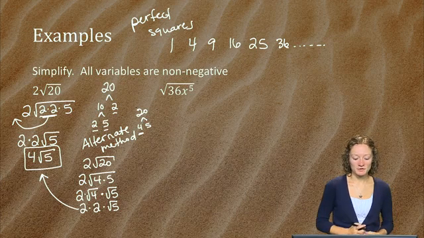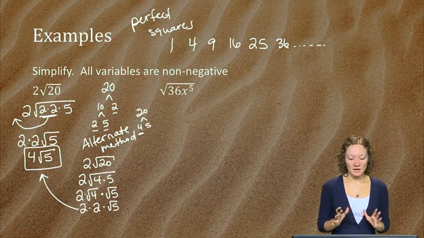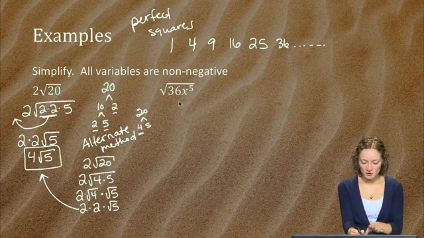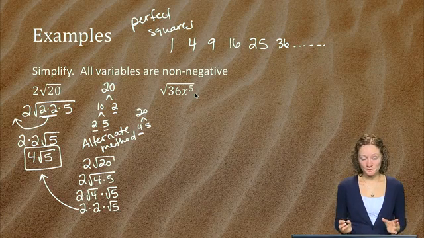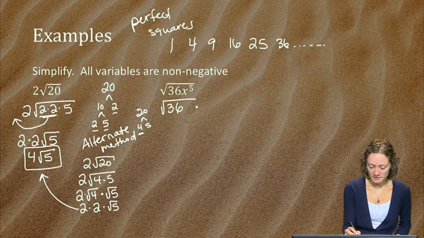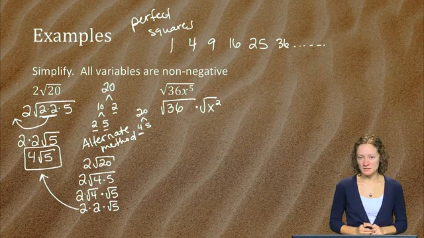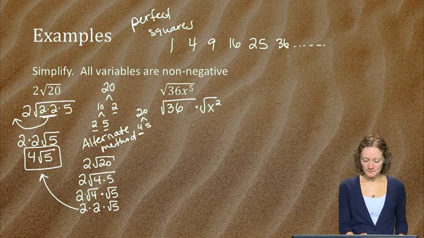Now we have variables involved. So remember, you deal with variables in one way and the numbers in another. So we have square root of 36 x to the 5th. Now if you want to, you could separate using the product rule. You could separate in lots of different ways, but for some people, this is preferable. I'm not sure I would suggest this way if there are variables involved, but it's up to you.